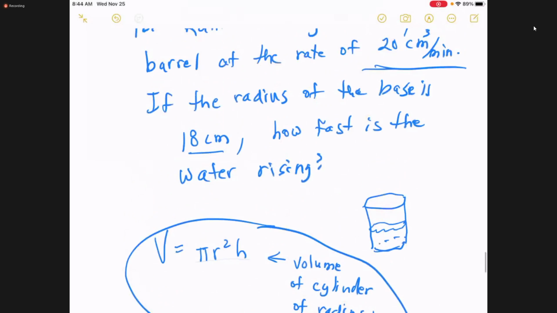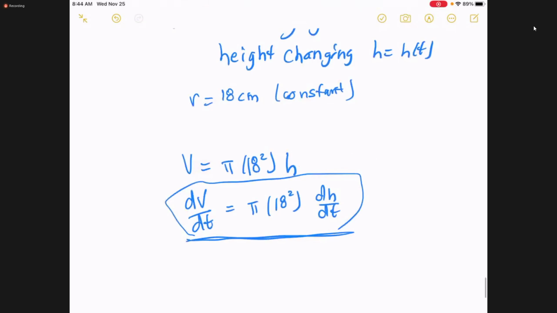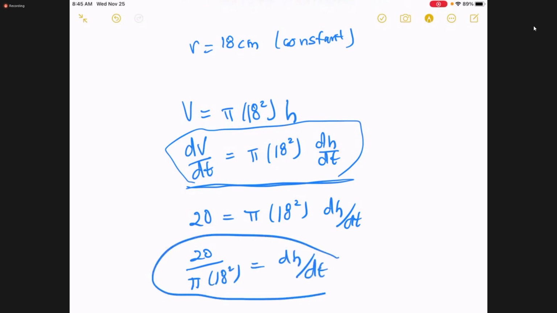It's 20. Okay. So dV/dt is 20. And that means that 20 over pi times 18 squared is dh/dt. And that's the answer.